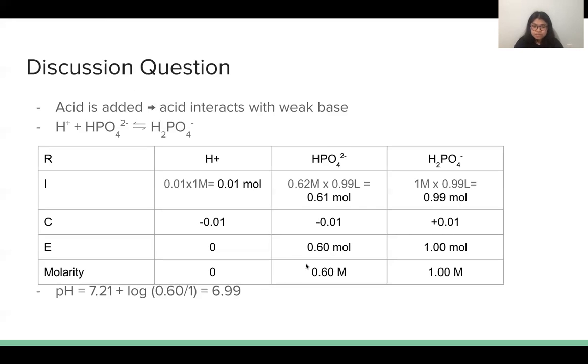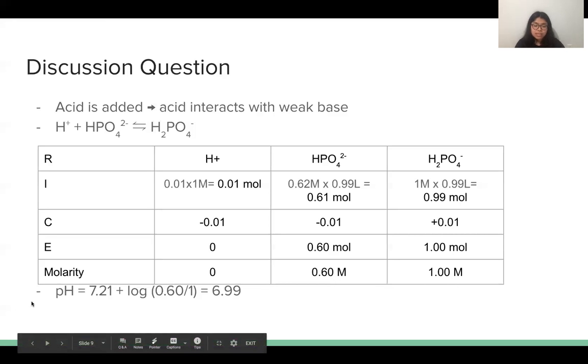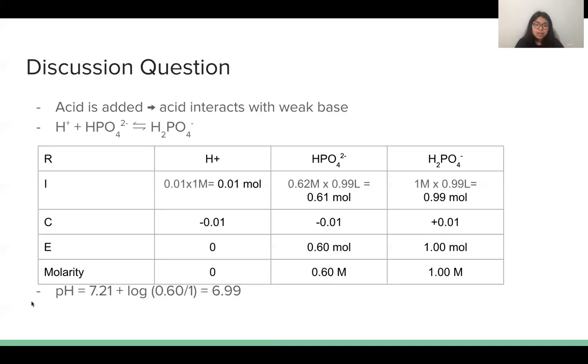The total volume of liquid we have is 1 liter, because it's the 990 milliliters of water and the 10 milliliters of added acid. So it becomes 0.60 molarity and 1 molarity. Then to find the pH, we plug that into our Henderson-Hasselbalch equation, and we get 6.99.